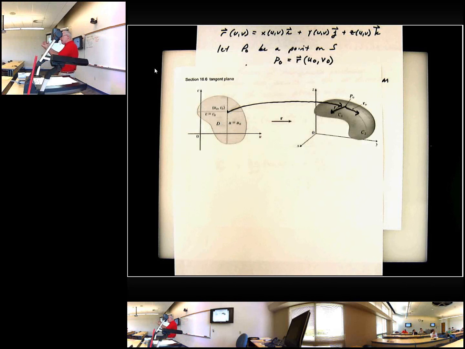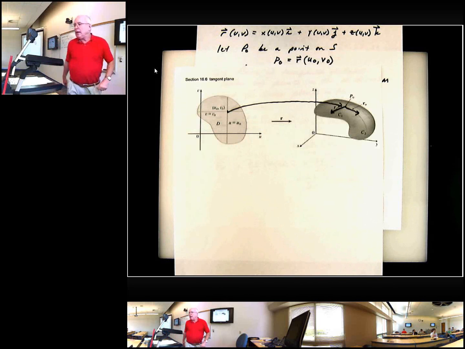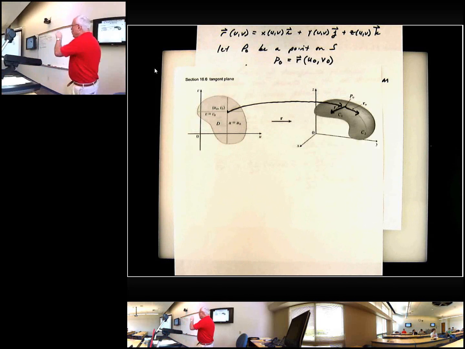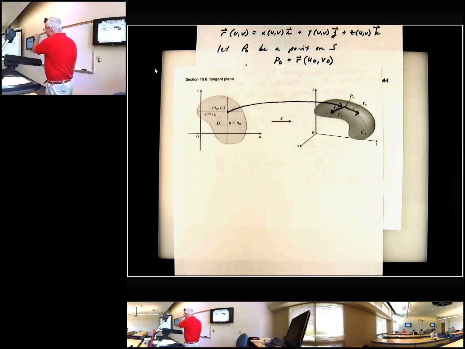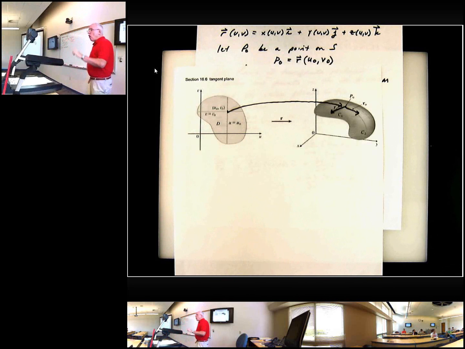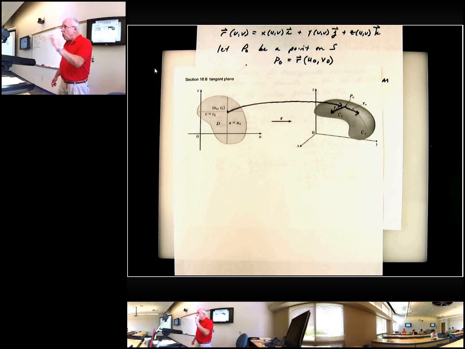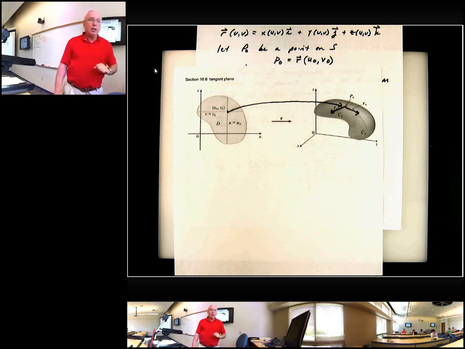It's a flat two-dimensional plane that sits right there on the surface, right there on that point. That's the tangent plane. And these two vectors, the two from the partial derivatives, are two vectors that are on that tangent plane.